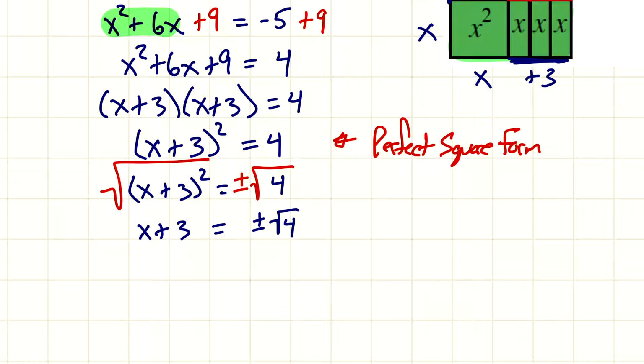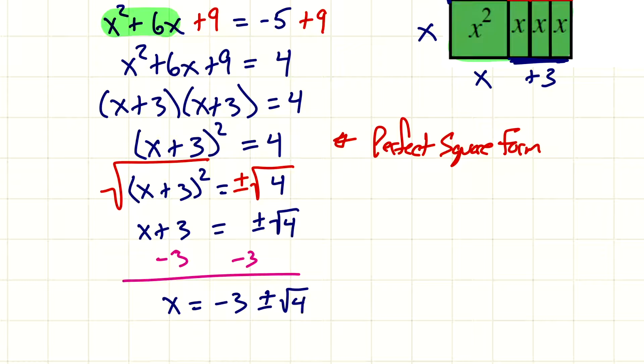The last step is to get x by itself, so I'm going to subtract 3 from both sides, leaving us with x equals negative 3 plus or minus the square root of 4. If that was not a 4, if it was a 5, then we couldn't simplify it anymore.